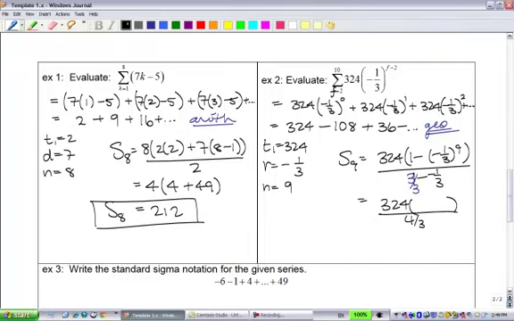Negative 1/3 raised to the power 9 is negative. 1 minus a negative should be plus, and that works out to be 1.00005, etc. I'm carrying that in my calculator. That decimal times 324 divided by 4/3 gives me a rounded 243.0123, etc. So that's sum 9.